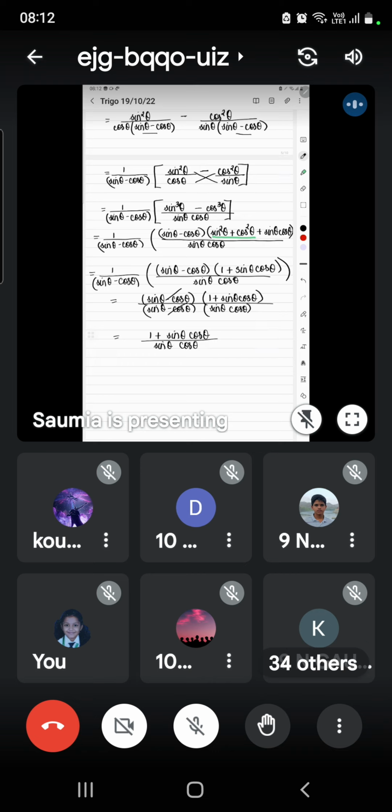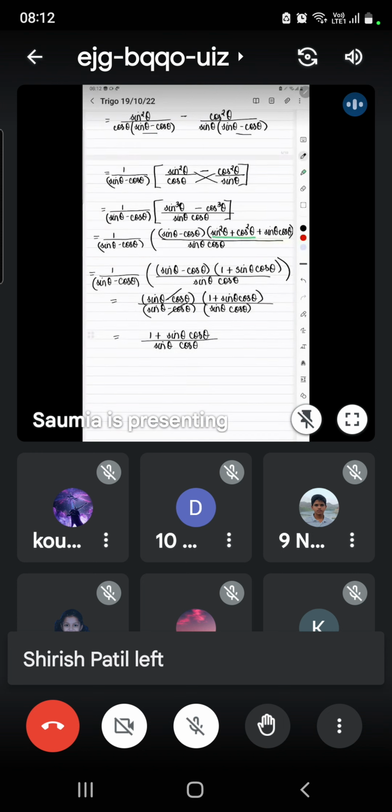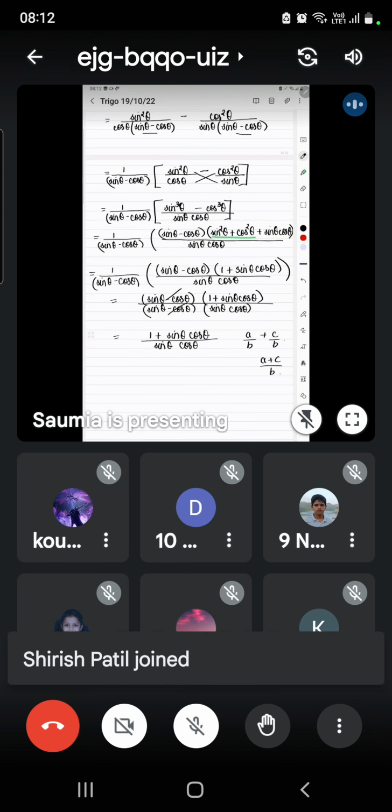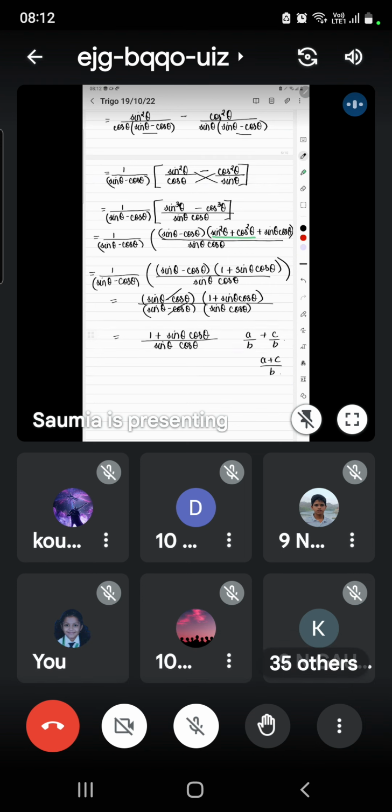Okay. Now, if I have A by B plus C by B, I write it as A plus C by B, right? Same way, yes, I can separate this also. So I can write this as 1 upon sine theta cos theta plus sine theta cos theta upon sine theta cos theta.